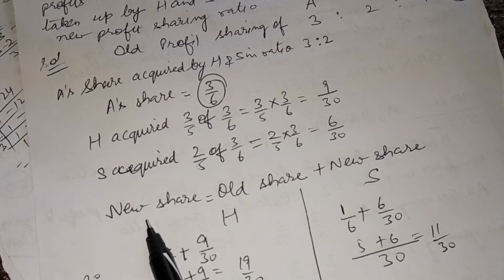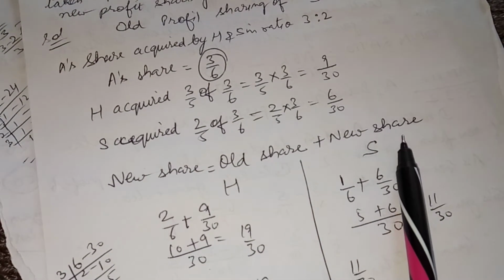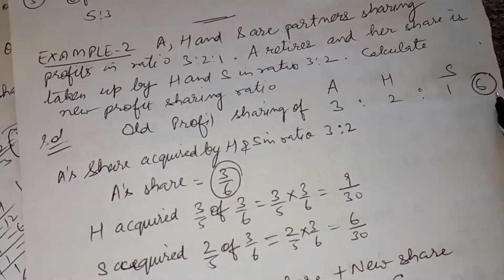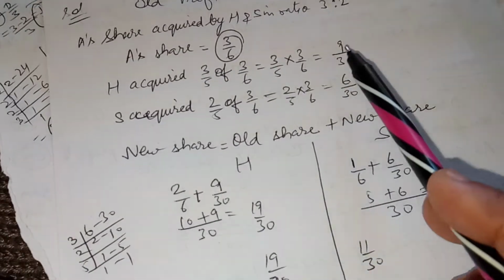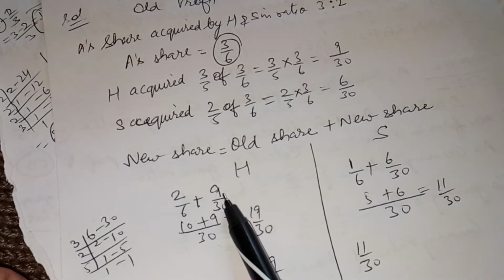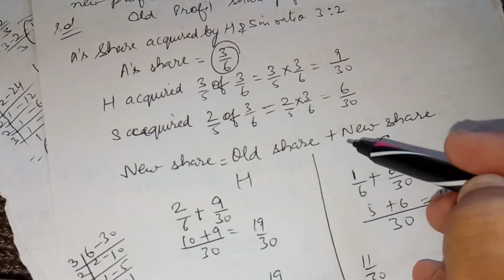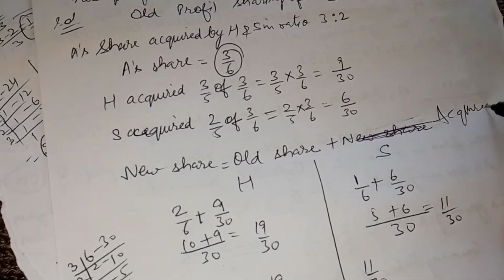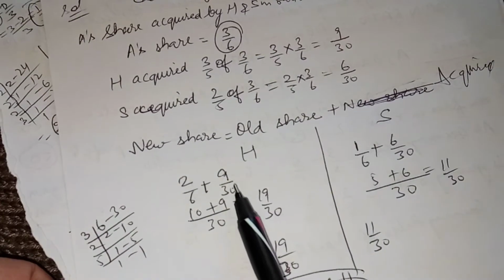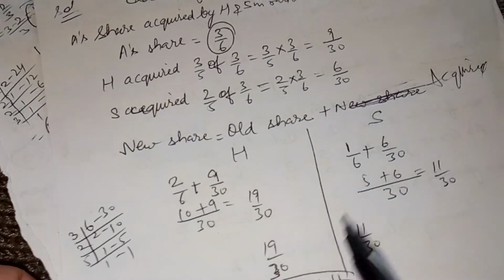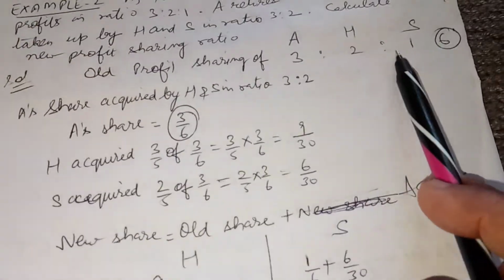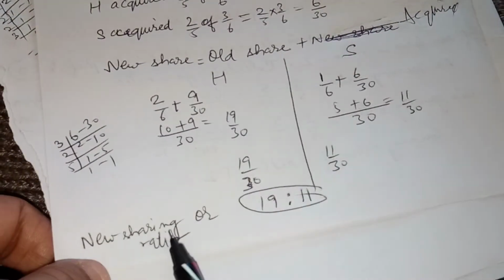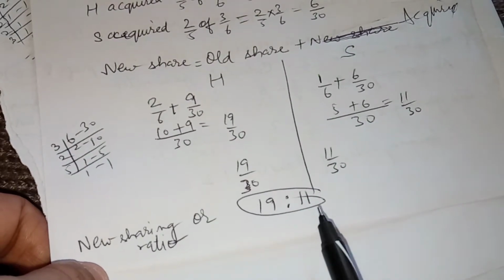Now new share is old share plus acquired share. In the case of H, the old share was 2/6 and the acquired share is 9/30, which adds up to 19/30. In the case of S, 1/6 plus 6/30 is 11/30. So their new sharing ratio will be 19:11.